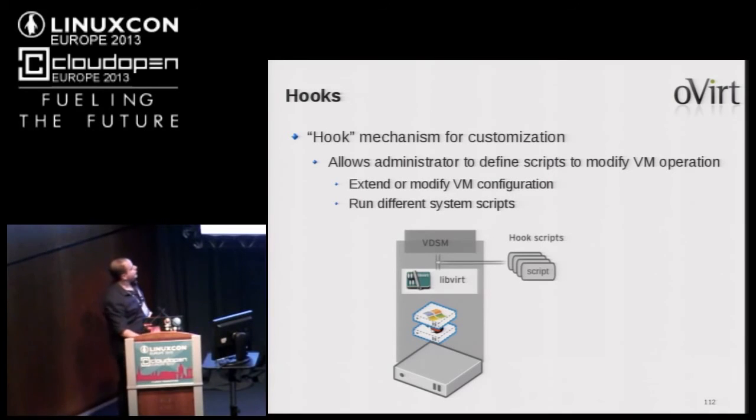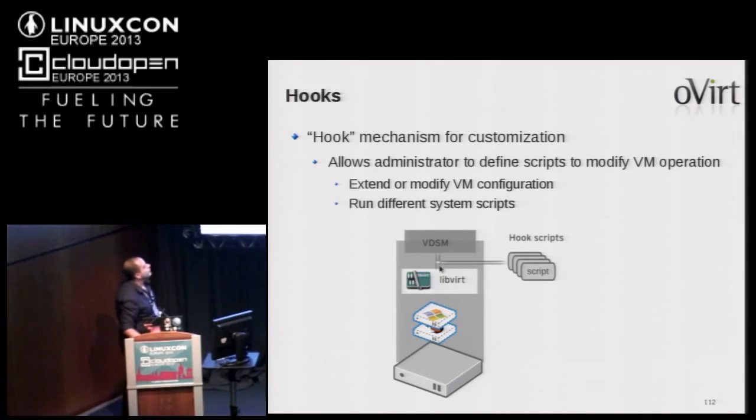In here you see that we have VDSM, and when we would like to run a new VM and we select the host, we eventually get to VDSM telling it, please create the VM on the host. And VDSM calls libvirt in order to do that.